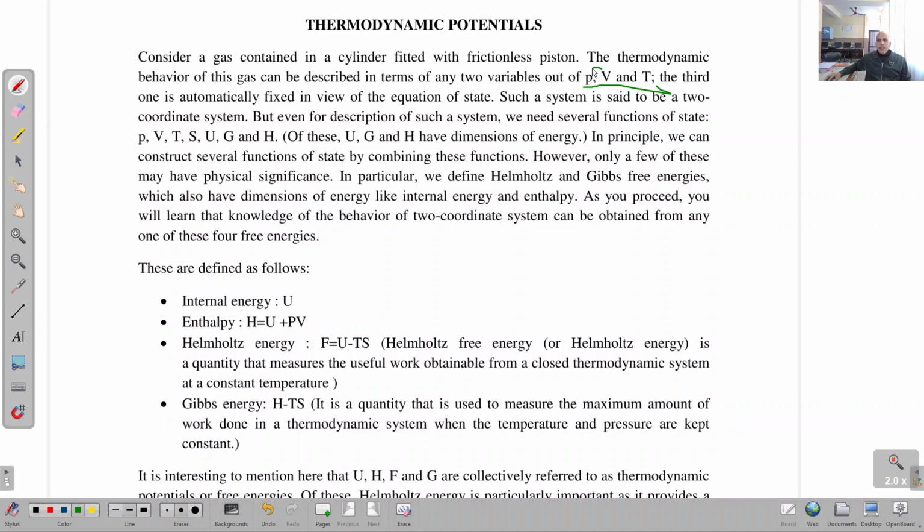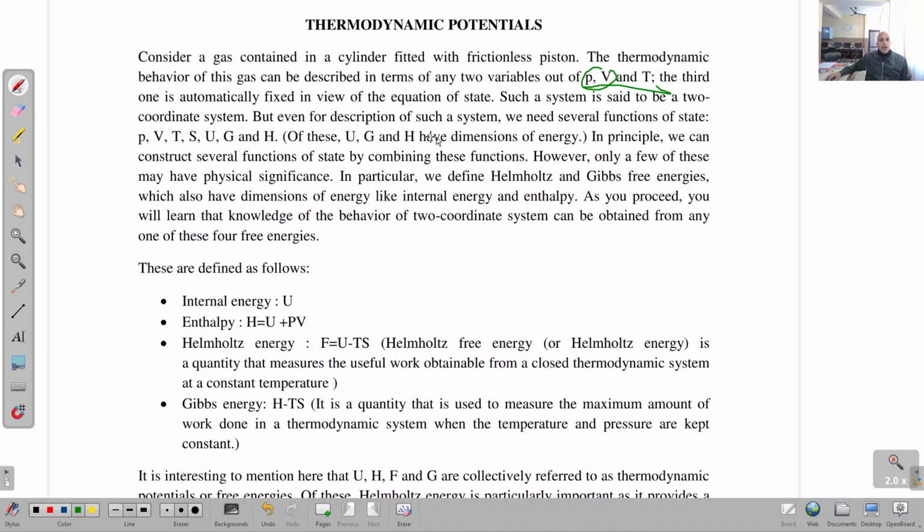If we know any two of these variables, then the third one can be calculated with the help of the equation of state, PV equal to RT in the case of an ideal gas. In the case of real gases, this equation gets modified. By using these equations, we can calculate any unknown variable. But these equations are limited.